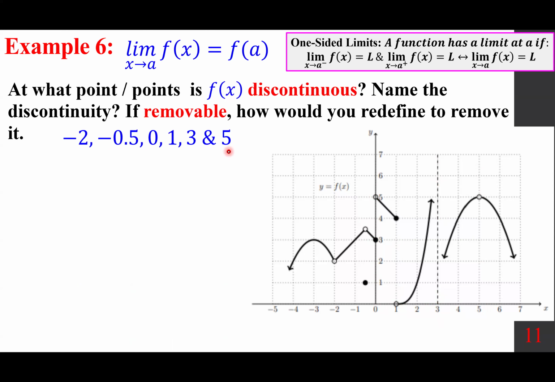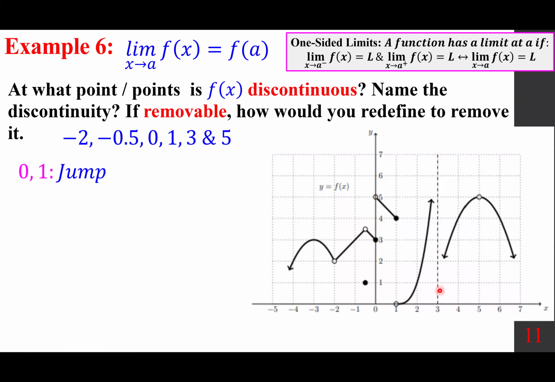We want to discuss them as to what type of discontinuity they are. First, notice that at 0 it jumps from 3 to 5, and at 1 it jumps from 0 to 4. So 0 and 1 are jump discontinuities.